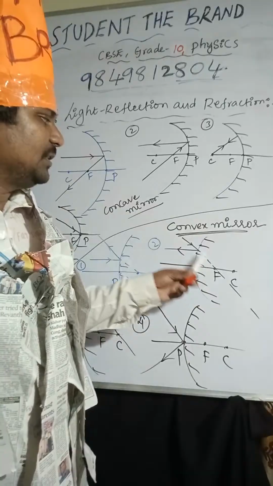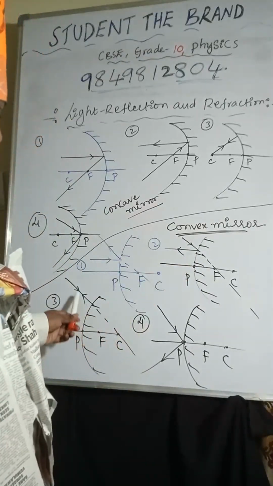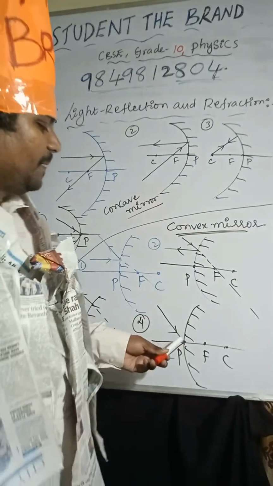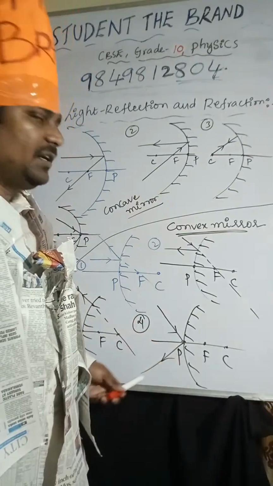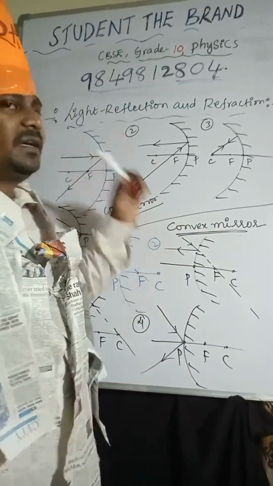Here light ray is coming from infinity, after reflection passes through the focus. Light ray passing through the focus, after reflection moves towards infinity. Here light ray passing through the center of curvature retraces its original path. Here light ray incident at the pole reflects back. So this is about the concave mirror and convex mirror ray rules.